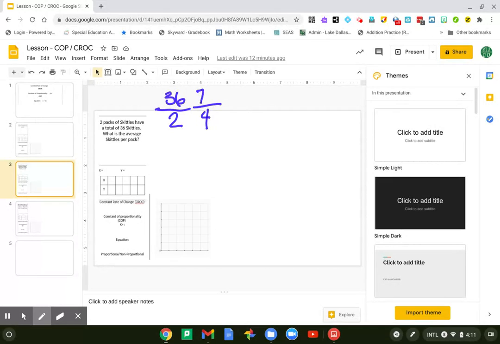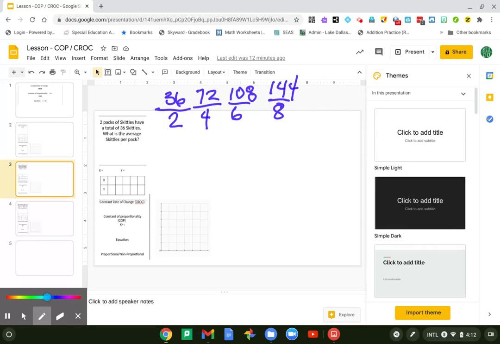So that's 72. If I have 6 packs, I have another 36. That's 108. If I have 8 packs, it's 144. So we're increasing by 36 each time.